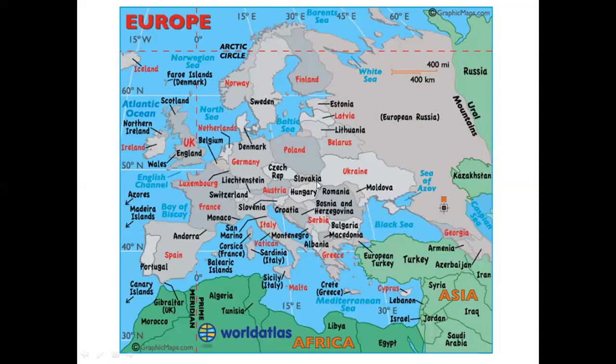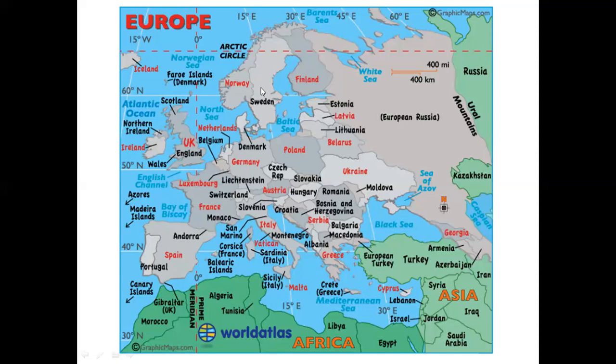Now when you come to the north of the European continent, there are four countries which you have to remember, the Scandinavian countries: Norway, Sweden, Finland, and Denmark. Denmark, Norway, Sweden, Finland, DNSF.